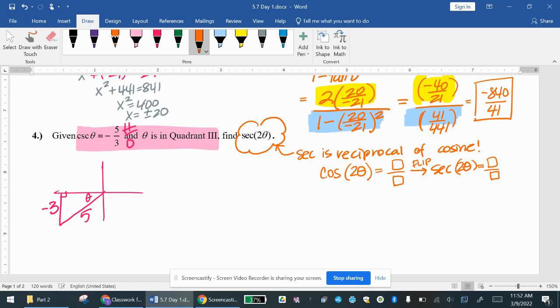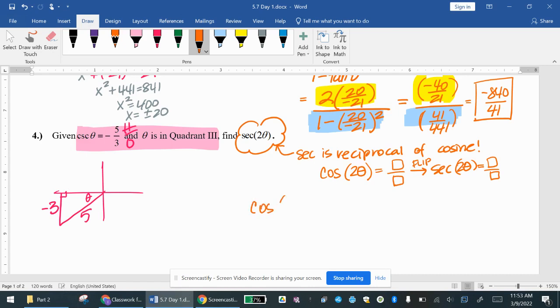Remember, you've got the option of cosine squared minus sine squared. You have the option of 1 minus 2 sine squared, etc. So you really can pretty much pick any combination you want, because there's one option that just requires sine, which is opposite over hypotenuse.